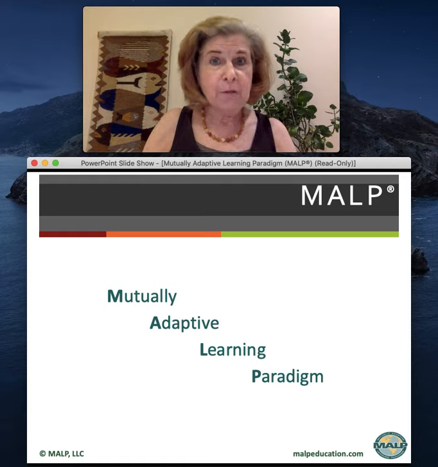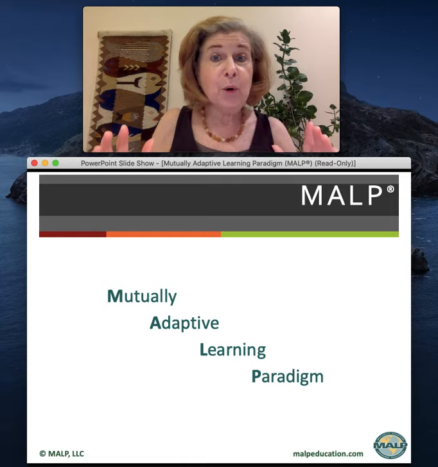Those who survive will not necessarily be the strongest or the most intelligent, but the ones who can adapt and adjust to change. So when we talk about this paradigm being mutually adaptive, we're talking about a paradigm shift.